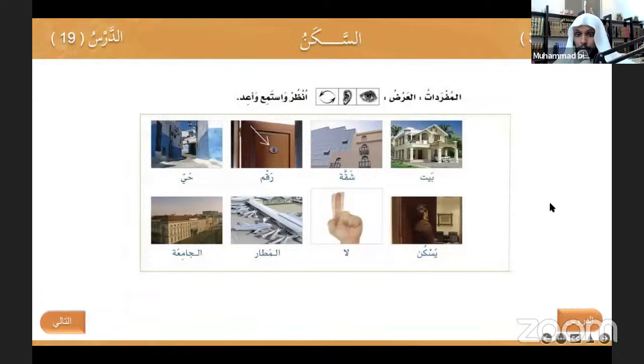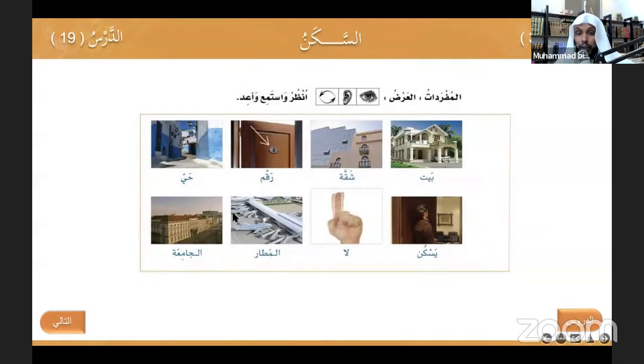طيب, here we have the vocabulary, الوحدة الثالثة. I believe most of you are familiar with if you've done the pre-unit assignments. So I'm not going to spend much time on that. They're pretty self-explanatory, and you also have the images. If there's any particular word that you don't understand, then please write it in the Zoom chat and I will explain. So we have بيت, شقة, رقم, حي, يسكن, لا, المطار, الجامعة.